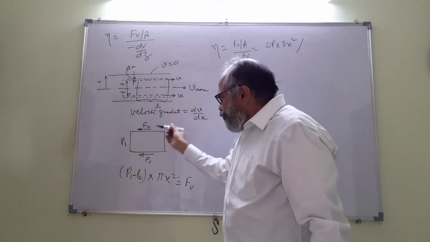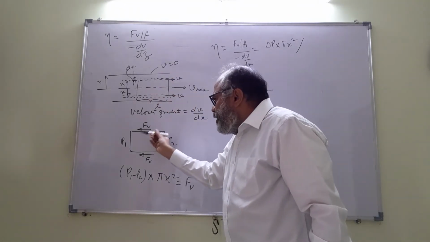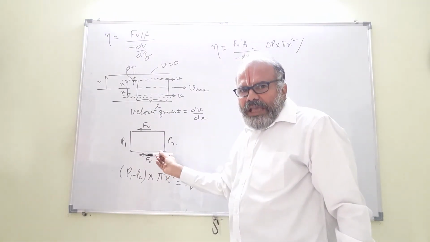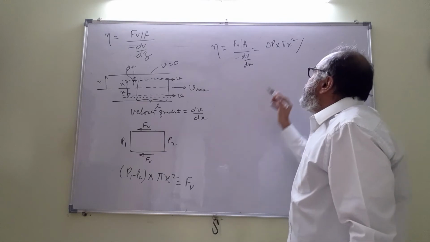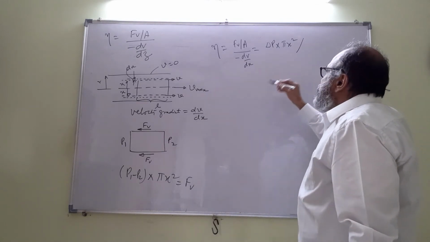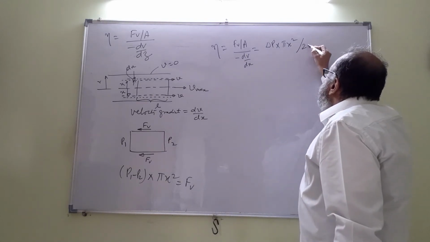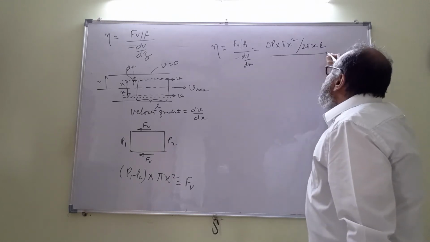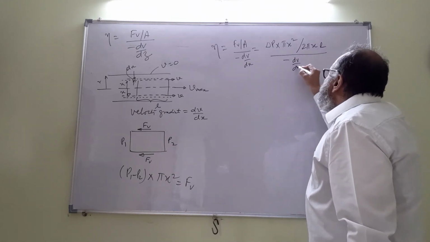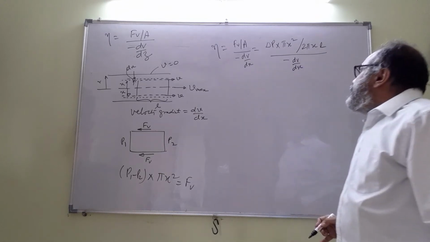The viscous force is acting along the curved surface area of the imaginary cylinder. Therefore, the area that you have to take is the curved surface area of the cylinder, that is 2 pi x into L, divided by minus dV by dx.